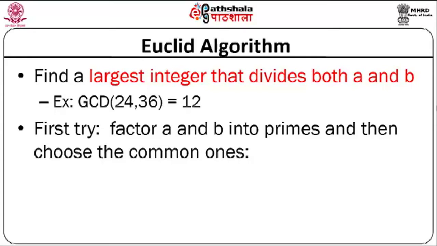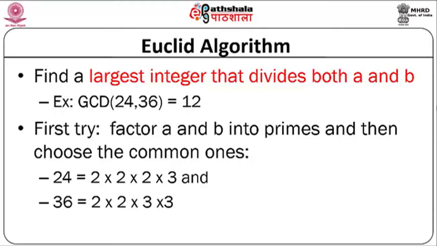The answer is very simple. We have to factor A and B into primes, and find the common ones. So, 24 can be factored into primes as 2 into 2 into 2 into 3, and 36 is factored as 2 into 2 into 3 into 3.